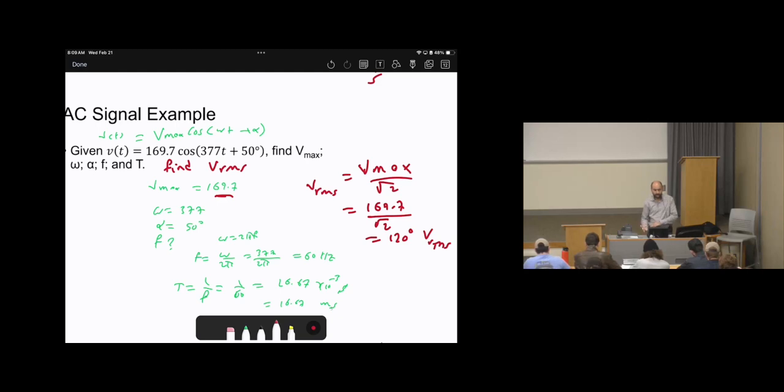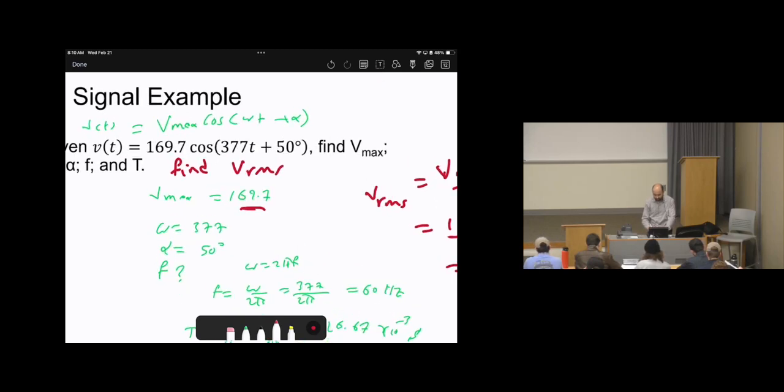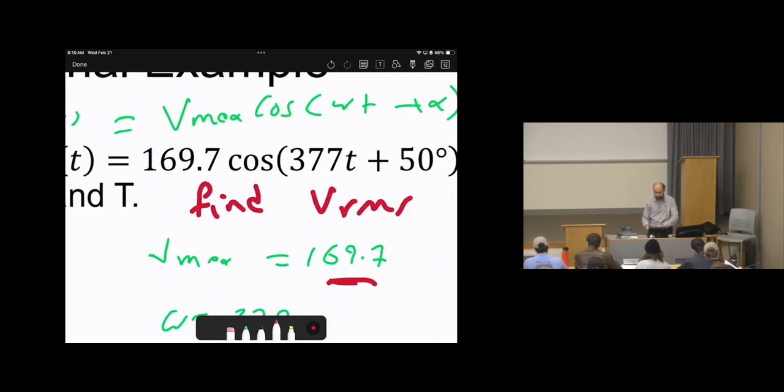So again, as a result, we realize that the 120 volts RMS, which is what we know as our residential or home voltage, is the RMS value. It's not the max. The overall expression for your home voltage, with different angles, can be 50 degrees or other angles.